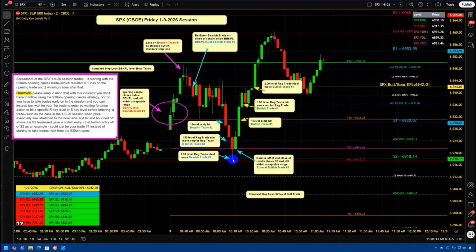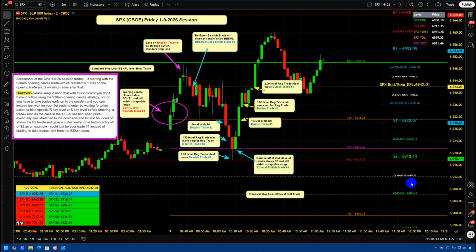We had this touch and bounce off of S2 with this confirmation candle afterwards, and this could have been our trade number one of the day and could be the only trade of the day. And then your standard stop loss is here for the S2 level bull trade.